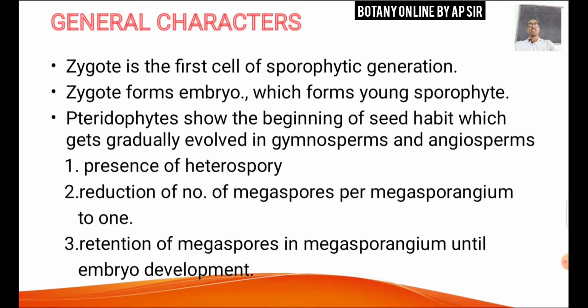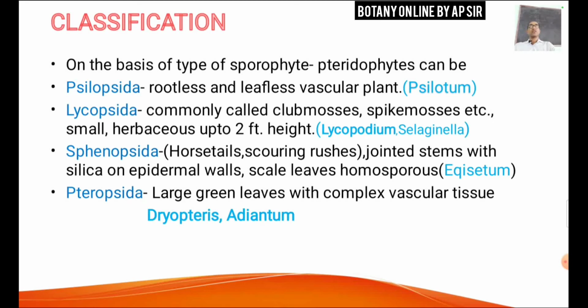They gradually evolve and totally develop into seeds in gymnosperms and angiosperms. Got it?